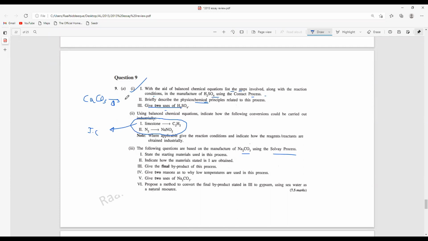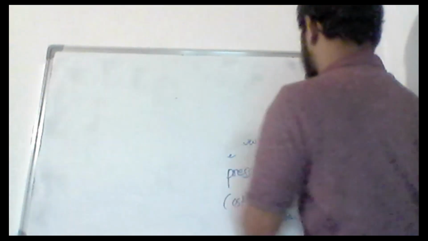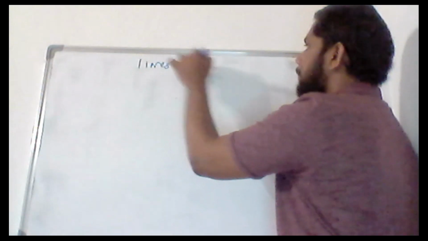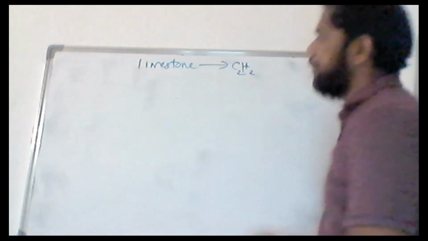and carbon dioxide. Okay, I will just board the decision. So the idea is you have limestone, and you have to form C2H2, acetylene.